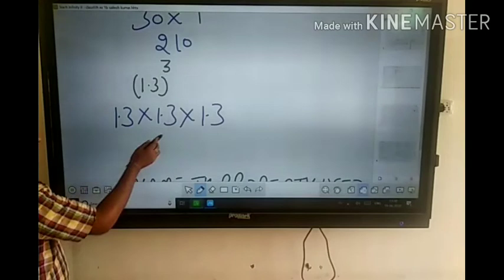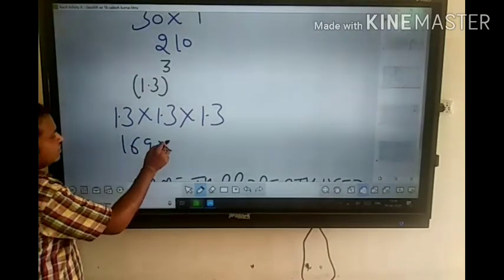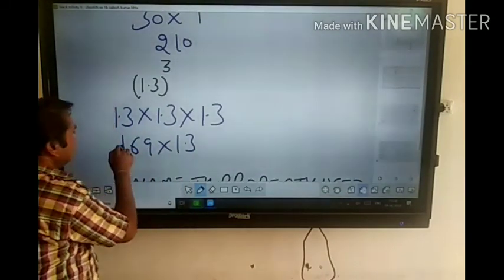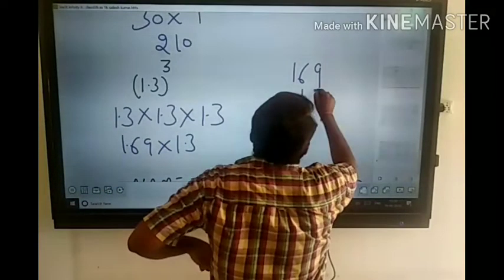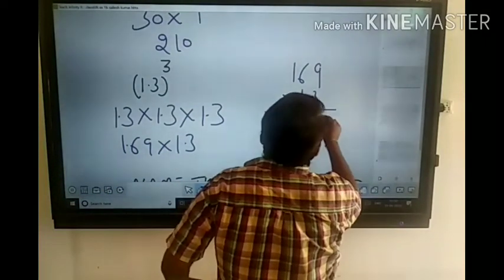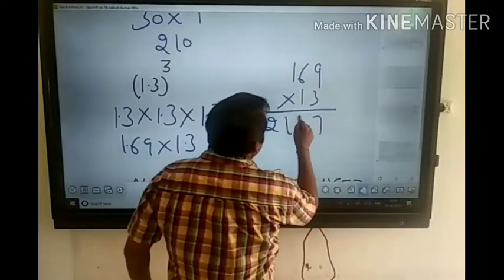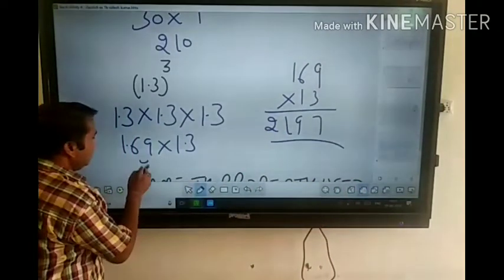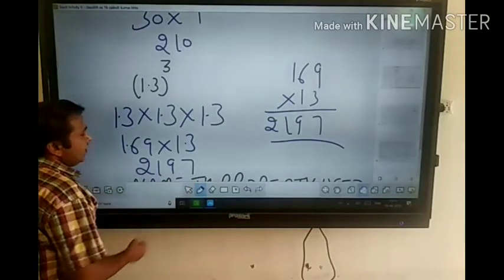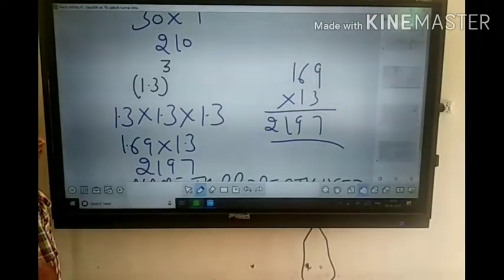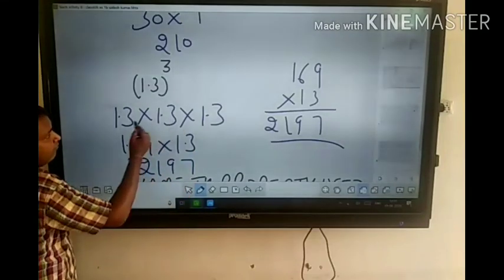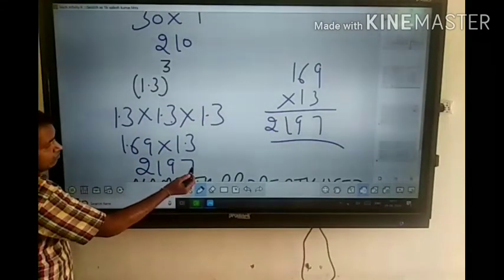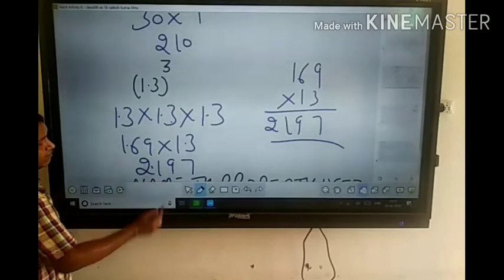So 13 multiply 13, that is 169, and 169 multiply 13, the answer is 2197. And after how many digits will I have to mark the decimal? 1, 2, 3. So I will count 1, 2, 3, and here I will mark the decimal.